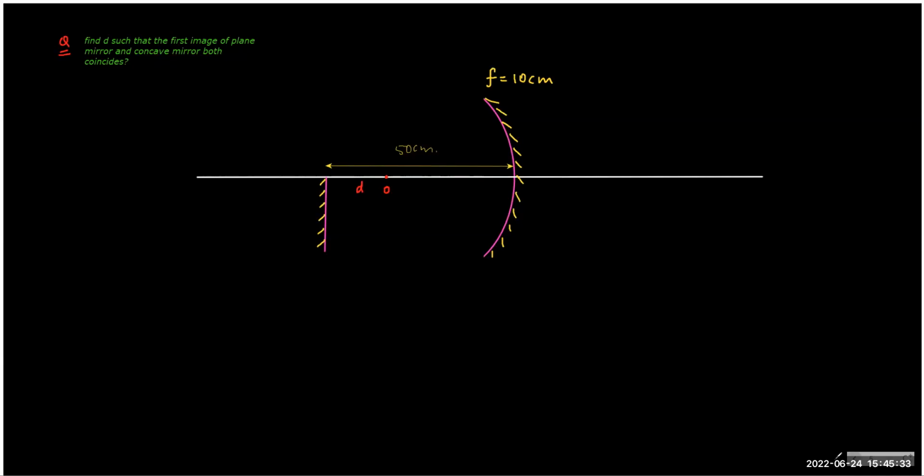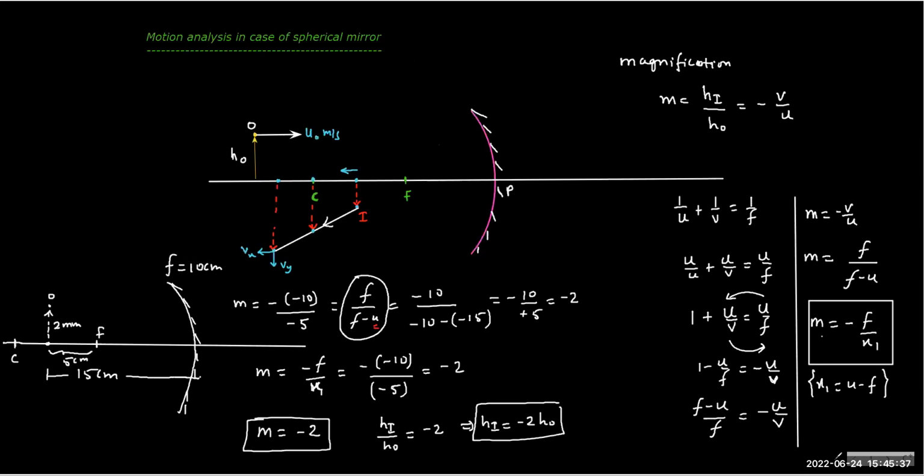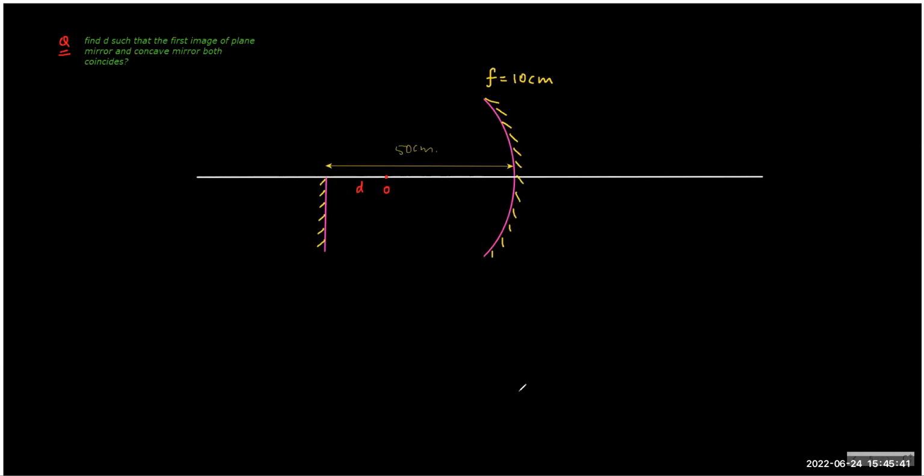Sir, the radius of curvature, that means 30 centimeter. Pardon? Tell me. So 30 centimeter. D. Okay, it's coming 30 centimeter. Okay, so the first image by the plane mirror will be somewhere here, right? D away. Yes. And this should act as the image for the concave mirror as well.